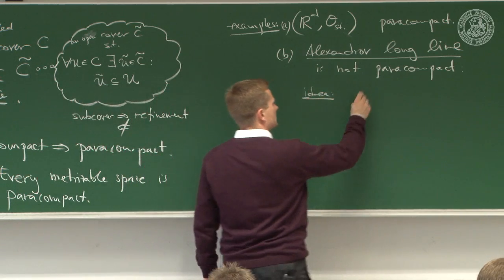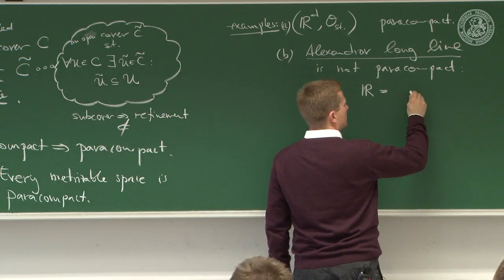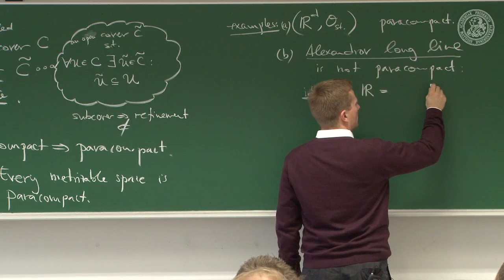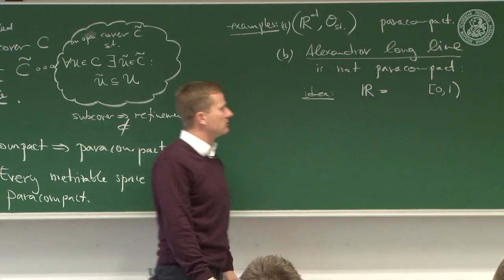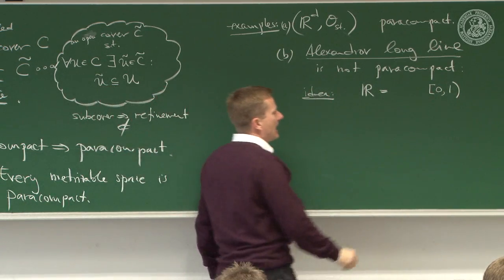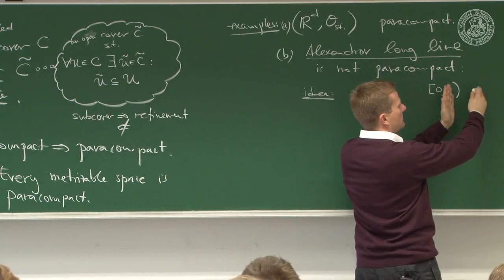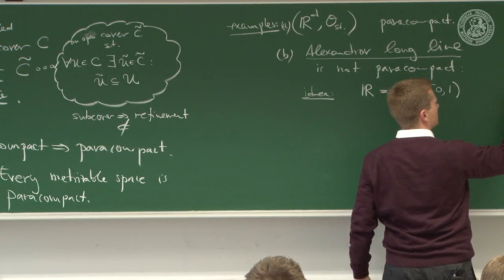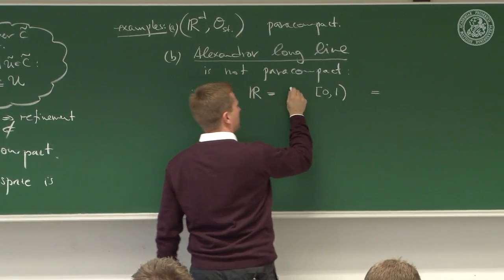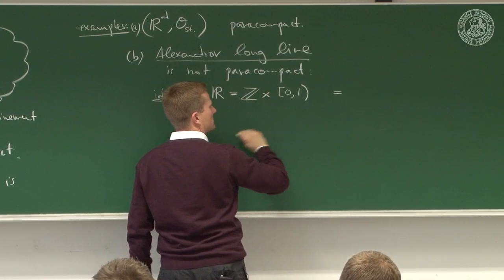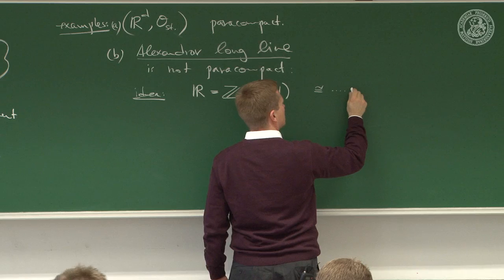The idea is that the standard real line can be understood as taking the interval from 0 to 1, left closed, right open, and then attaching another one to it, and another one to it, and another one to it. So take many of those. Okay, I already write Z across this, which intuitively looks like this.